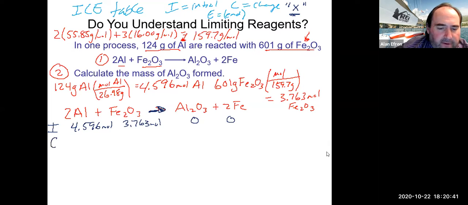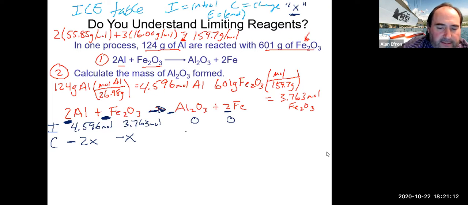Very important here is we also need to take into account our coefficients. When we do that, it takes care of the mole to mole relationship, that stoichiometry part. So on our reactant side, this is going to be minus 2x, the 2 for the coefficient in front of the aluminum. Next is going to be minus x, since the coefficient in front of iron 3 oxide is 1.